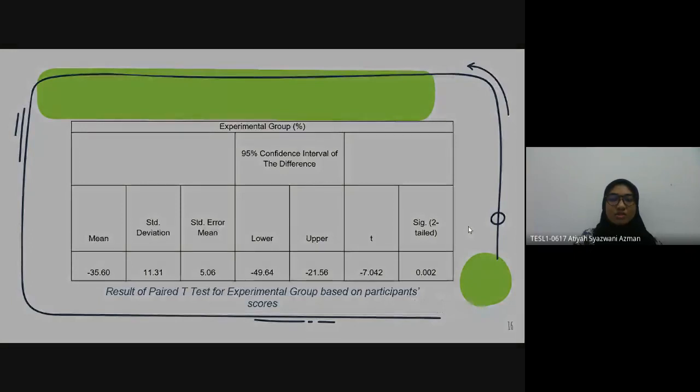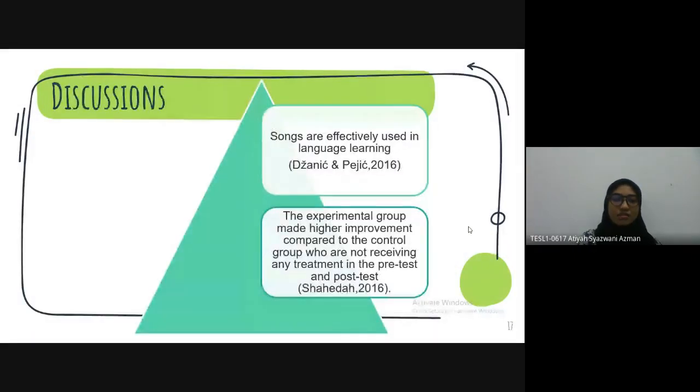So the next one is the discussion. Songs are effectively used in language learning, Zornick and Tahik, 2016. The experimental group made higher improvement compared to the control group, who did not receive any treatment, in the pre-test and post-test. As we can see in the data findings before, related to the current study, both of the articles supported the results of the effectiveness of the Elsa Adjective songs.